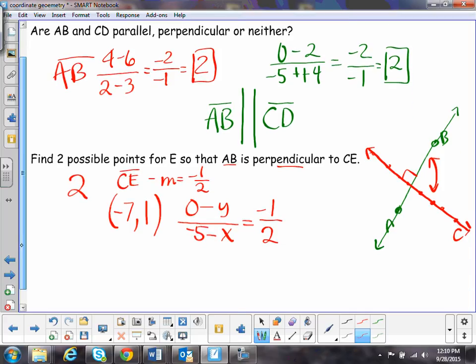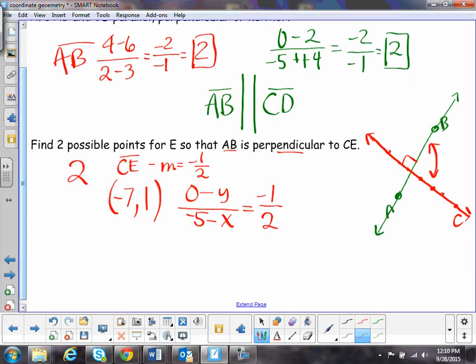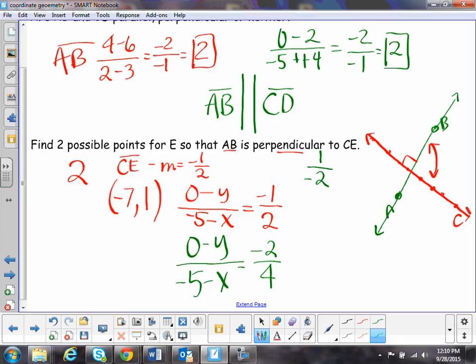Now, how do we make up another choice? 0 minus Y, that's still the same. Minus X. Yeah, you can double it. Remember that? So you can make it negative what? Over 4, yeah. Or you could have put 1 on top and negative 2 at the bottom. Remember I said that's the same thing?